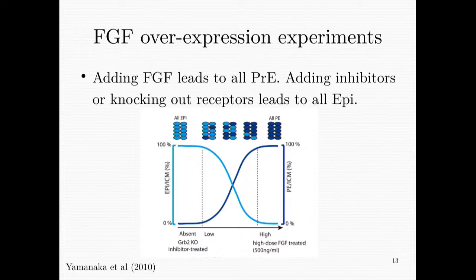In wild type conditions, if you did nothing to the embryo, you would get about half and half of primitive endoderm cells and epiblast cells. But as you vary the levels of this protein, which you can do, the cells don't end up half and half; they all become primitive endoderm or all become epiblast.